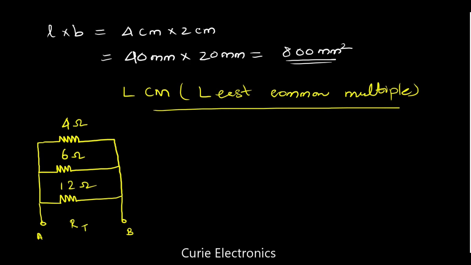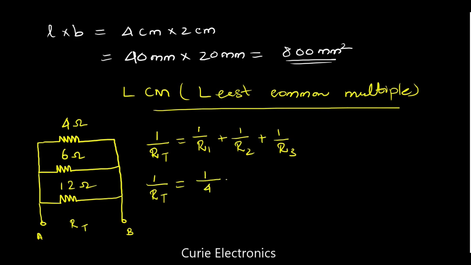Now what is the equivalent resistance? We can write 1 upon RT equals 1 upon R1 plus 1 upon R2 plus 1 upon R3. That is 1 upon 4 plus 1 upon 6 plus 1 upon 12.